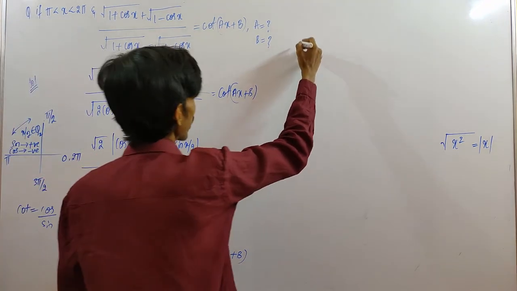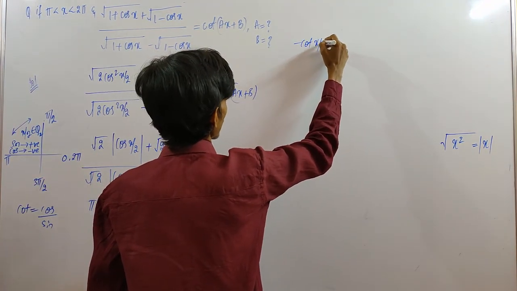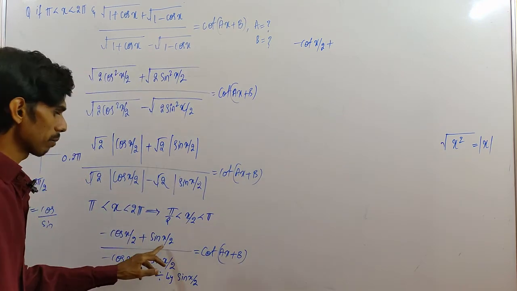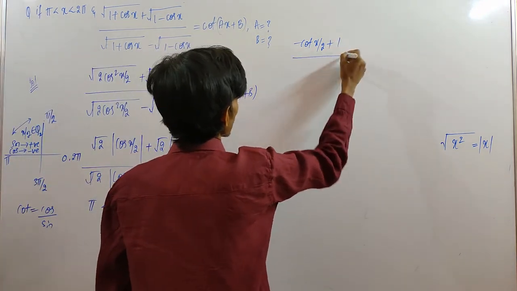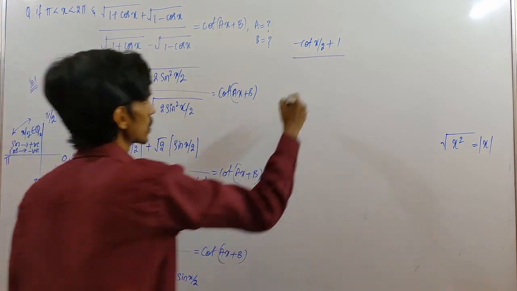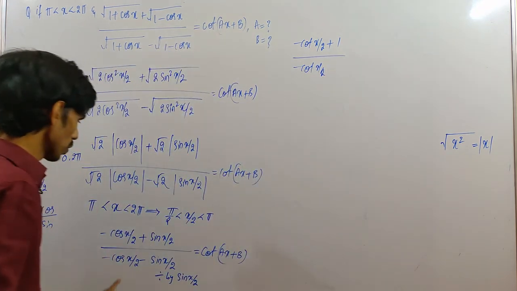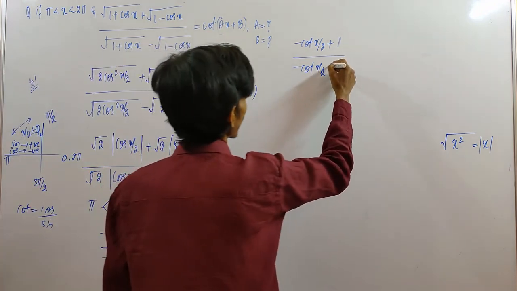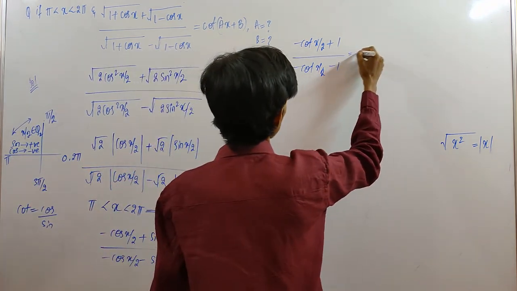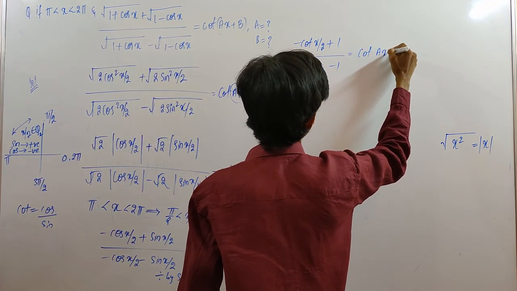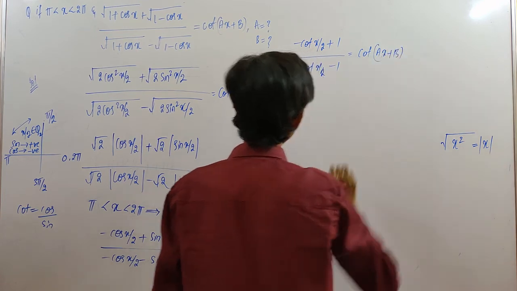So it will become minus cot x by 2 plus sine by sine, which is 1. So in the denominator also we get minus cot x by 2 minus 1, is equal to cot(ax plus b).